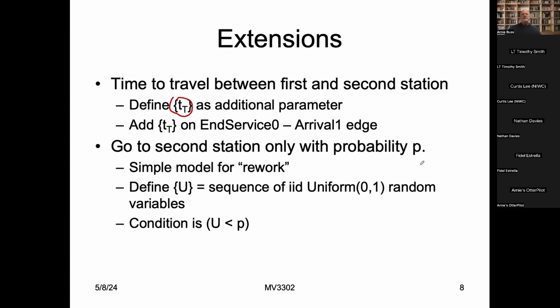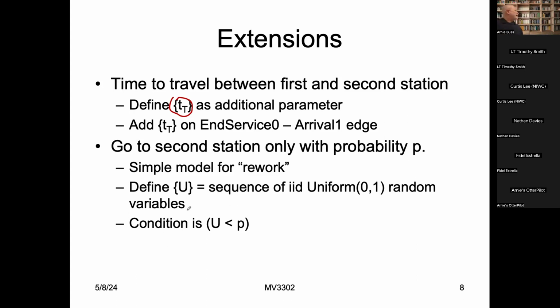So maybe the first station is like TSA at an airport, and the second station is like your gate. At least I've never been in an airport where you didn't have to go halfway around the thing to get there. There's a Murphy's Law about that somewhere. I don't know. Okay.